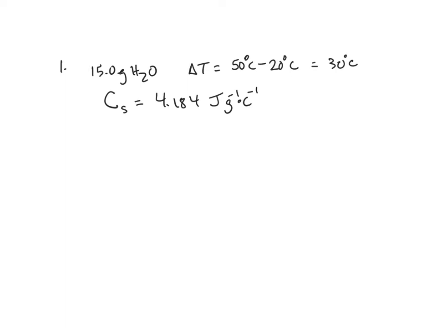Don't have to. And put it all together, we're using the equation Q is equal to MCS delta T. And of course, this is going to be equal to delta H.